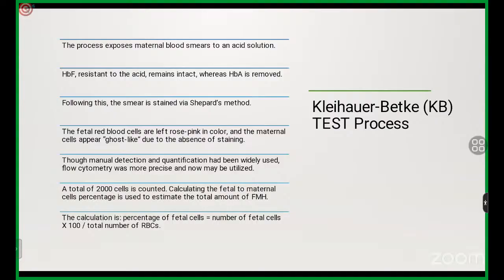A total of 2,000 cells is counted. Calculating the fetal to maternal cells percentage is used to estimate the total amount of FMH. The calculation is percentage of fetal red cells, which is equal to the number of fetal cells times 100 over the total number of RBCs.